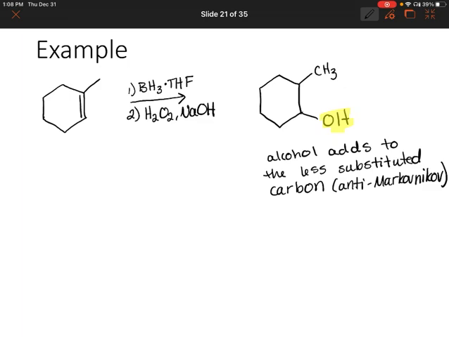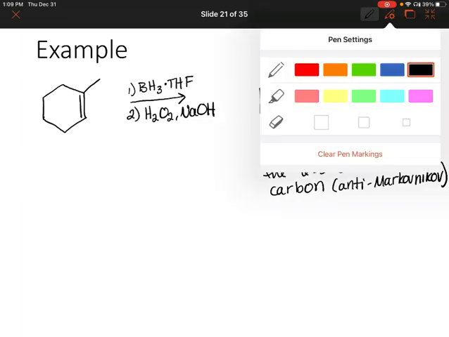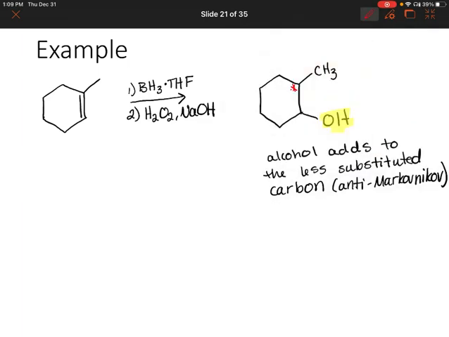Now, again, take note, we do have some stereocenters here. So the carbon attached to the methyl group is attached to 4 different groups. There is a hydrogen bonded there as well. And then the other carbon is also attached to 4 different groups. There's a hydrogen attached somewhere there.